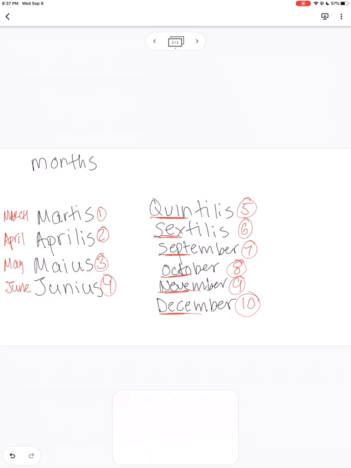Eventually, Augustus did change. He's one of the first emperors. He did change Quintilius to July, and that was after his adopted father and his uncle Julius Caesar. That's where we get July. And then Sextilius he named after himself.